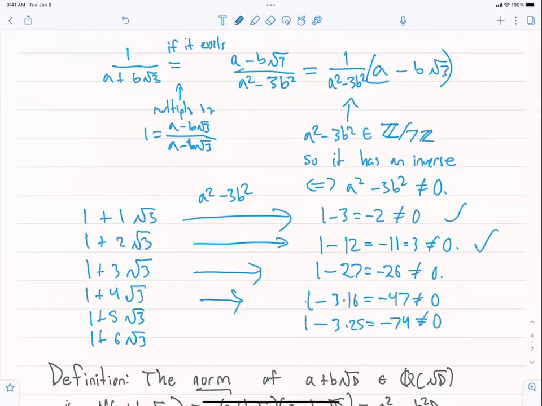And finally, 1 minus 3 times 36. It's 1 minus 108, so that's minus 107. And again, that's not divisible by 7. So all of these elements have inverses.